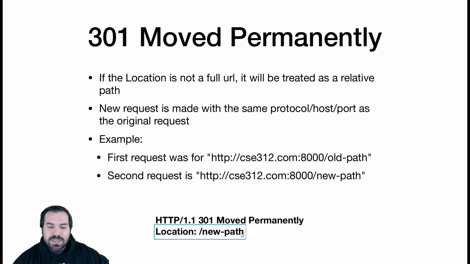So if we just say /new path without giving a full URL, it's just going to make it to the same server. Our same process actually is going to get that next request. So if somebody makes a request for old path and we respond with this 301 with /new path, we're about to get a request from that same browser to the same server for /new path.